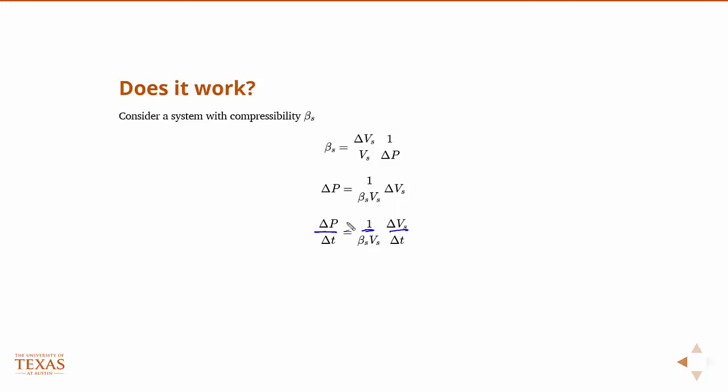The proportionality constant is the bulk modulus divided by the initial volume, basically, or 1 over the compressibility times the initial volume. So it's proportional to the change in volume. Okay. So we're looking for a change in pressure, because that's what we're measuring. That's proportional to the change in volume. And we're looking for the change in volume associated with initiating a fracture.